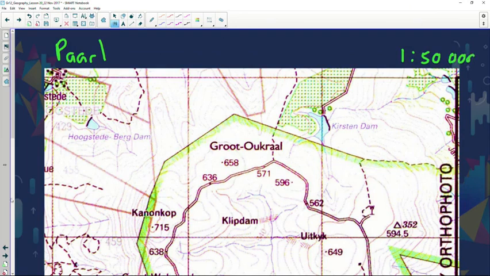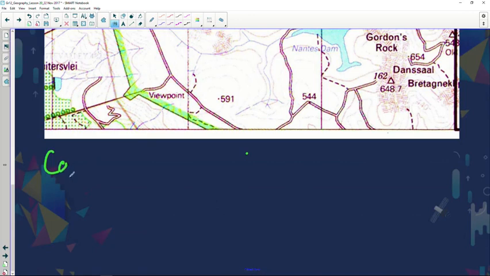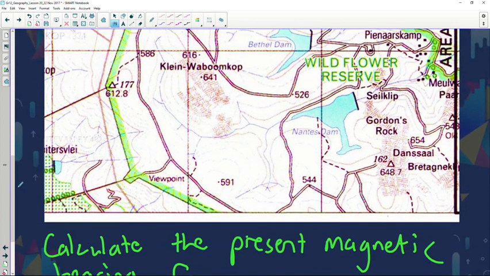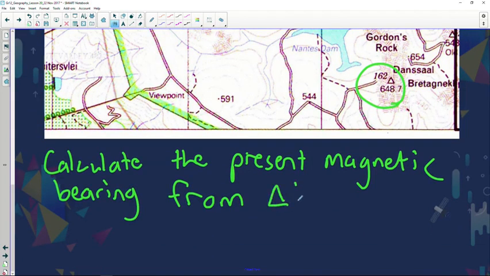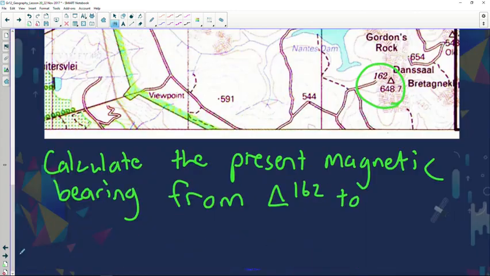And the question states, pay careful attention to the question: calculate the present magnetic bearing from Trick Beacon 162 to Trick Beacon 177.